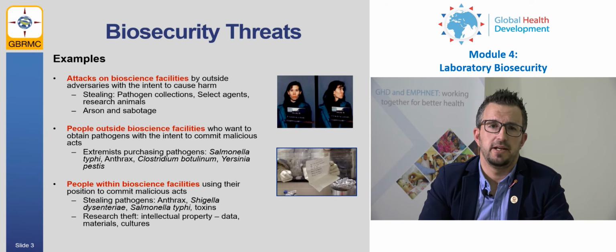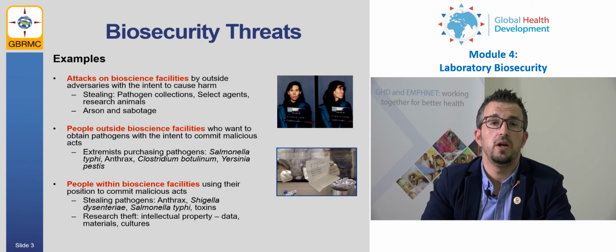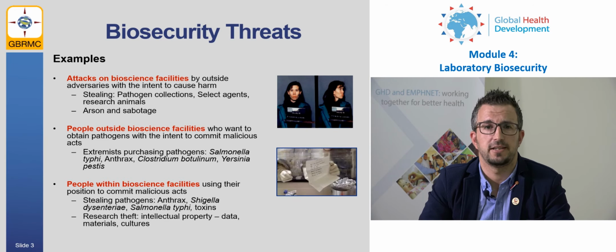There are many examples of biosecurity threats in the world, and there are 3 major categories. The first is attacks from outside people on an institution to cause harm, to steal, to start fires, or to ruin the institution's reputation. The other is attacks from outside the institution to steal pathogens and harm people.